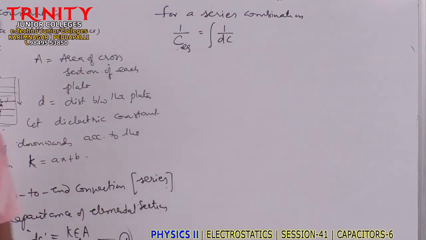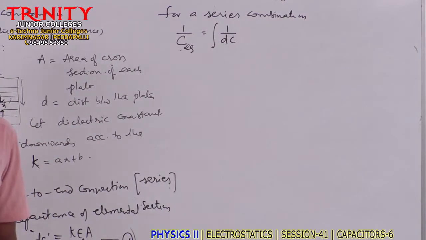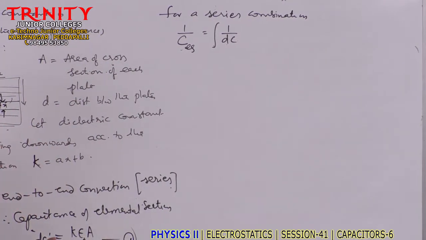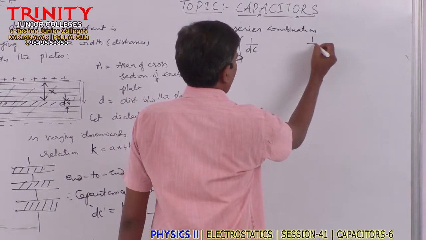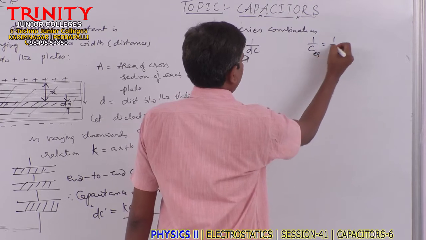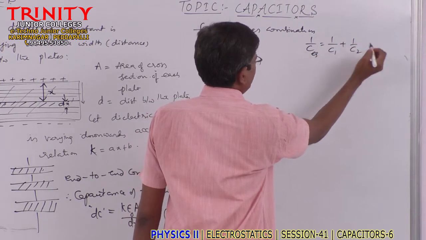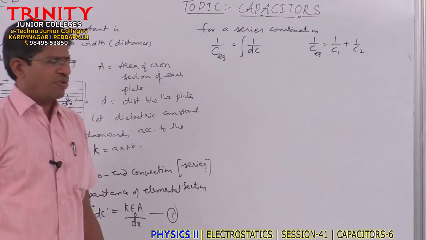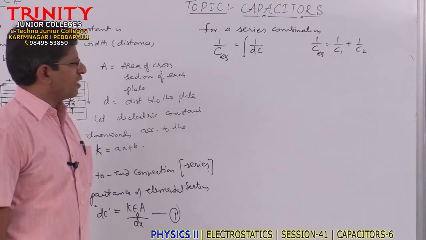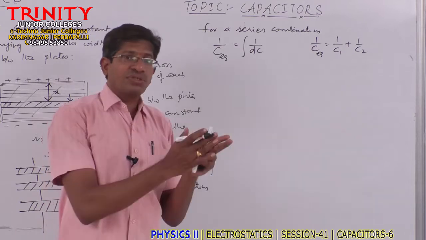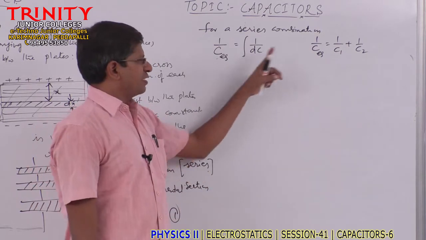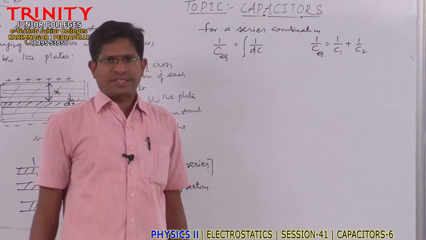Integration means addition of all such elemental sections. Yesterday we understood that if two capacitors are in series, then 1 by C equivalent is 1 by C1 plus 1 by C2. This is just like that. Instead of addition, I wrote integration because there are so many elements. Integration is nothing but addition of small sections.